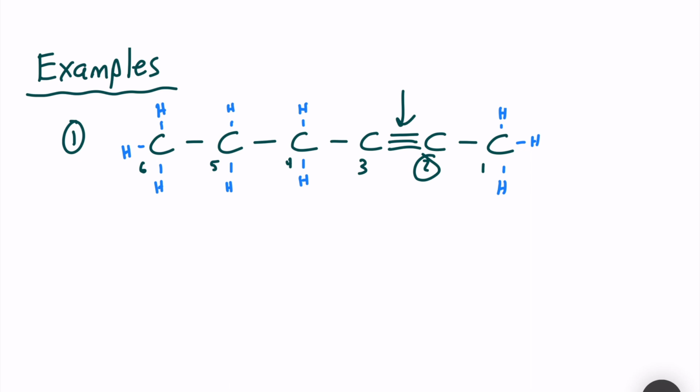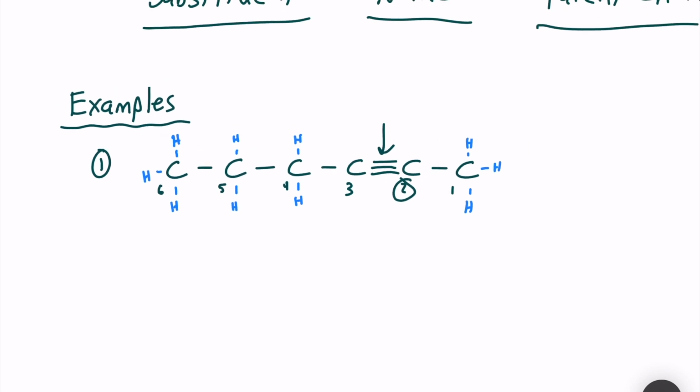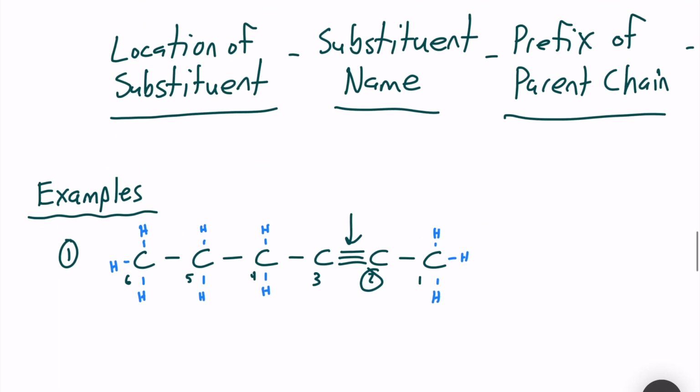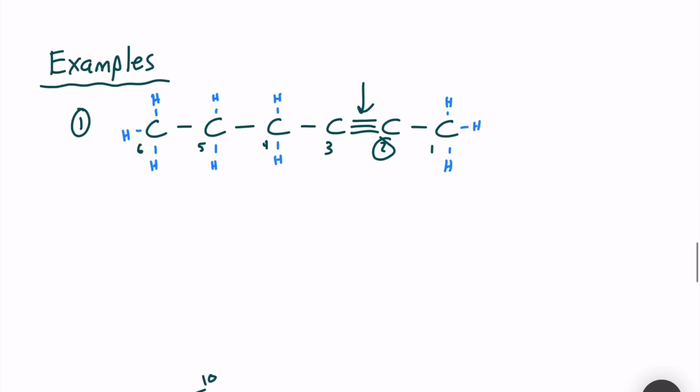So following the structure that we discussed, we will first start off with any substituents. In this hydrocarbon, there are no substituents, so we can skip that first step along with the substituent name. We're going to move to the prefix of the parent chain. If you remember back to previous videos, a parent chain with 6 carbons in it will start off with hex, or HEX.